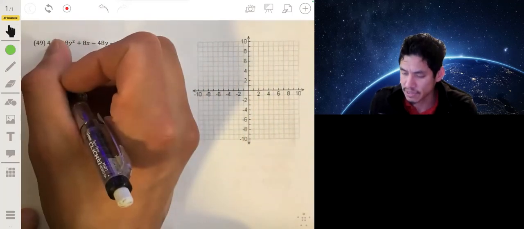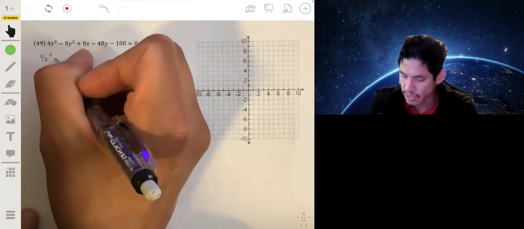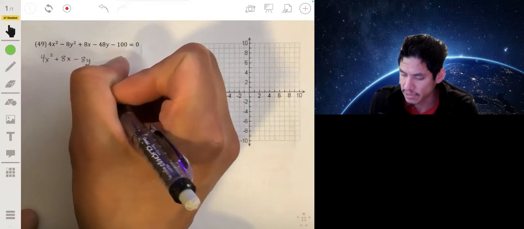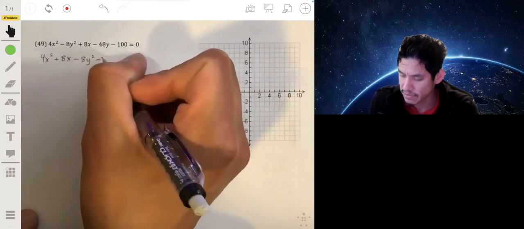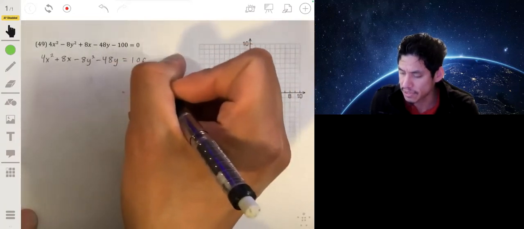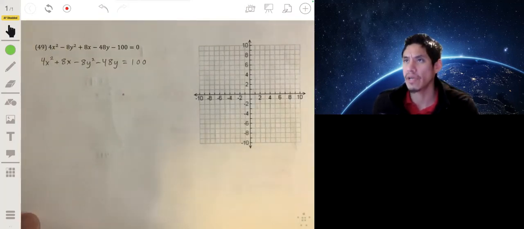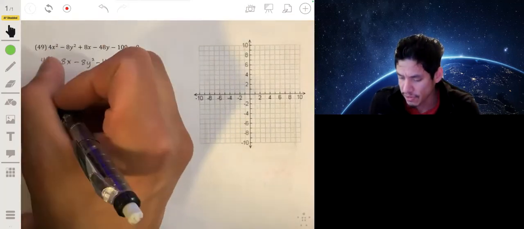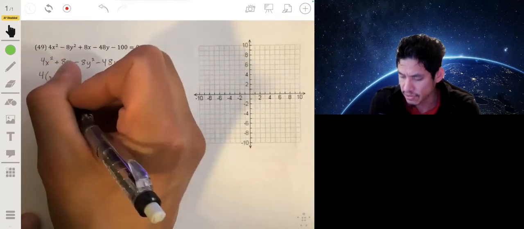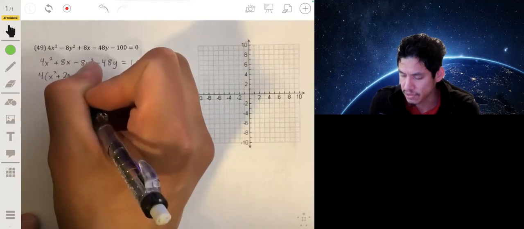So let's rewrite this as 4x squared plus 8x, then minus 8y squared, then minus 48y, and then we're going to add 100 to each side, so we'll get that equal to 100. Now we're going to factor out the 4 from the x squared term, so we'll have 4 times x squared plus 2x.